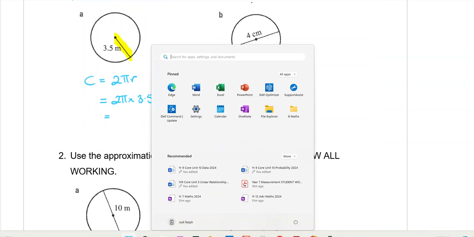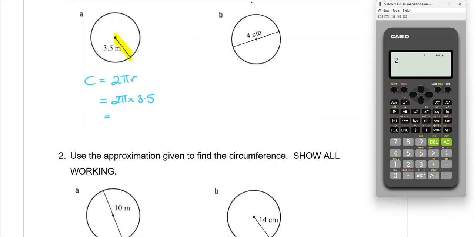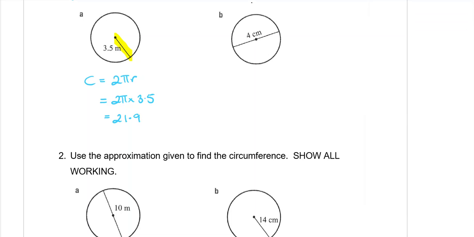Okay, then on the calculator, 2 pi, oops, I missed the pi button, times 3.5 is 21.99. Because we're doing 2 decimal places, the digit after that will round down, so we'll keep the 21.99 meters.